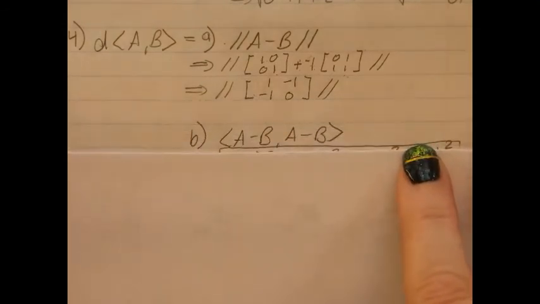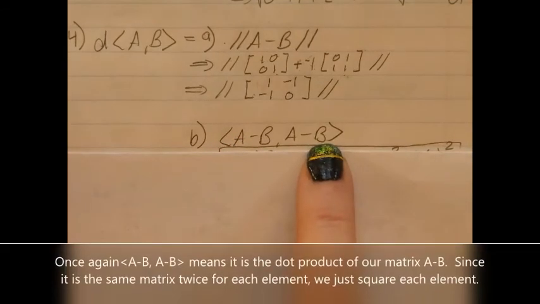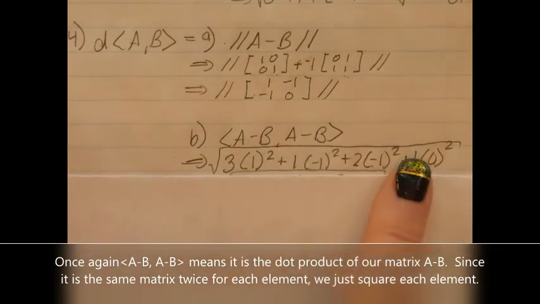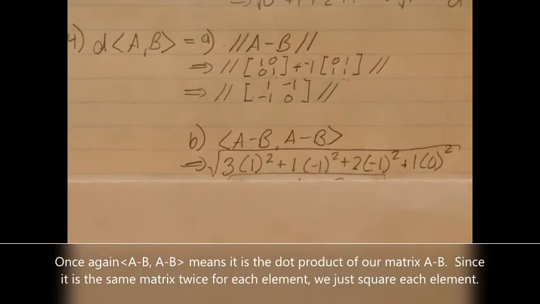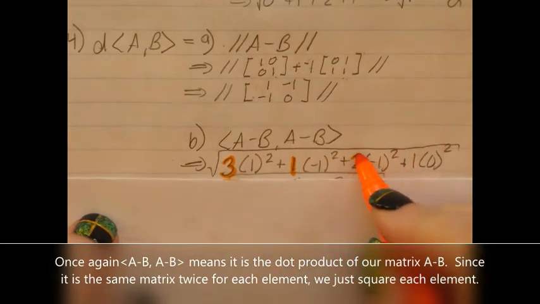So that's going to be my step B, which is the inner product of A minus B, which is now the square root of, and again, the 3, the 1, the 2, 1 come from the formula that they gave us for an M sub 2,2 space for inner product.